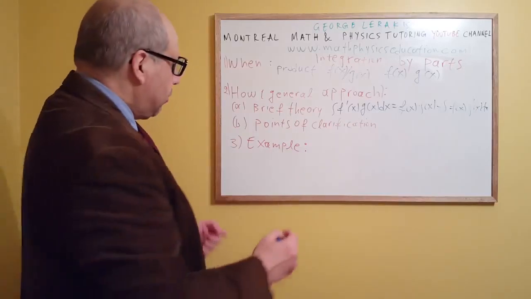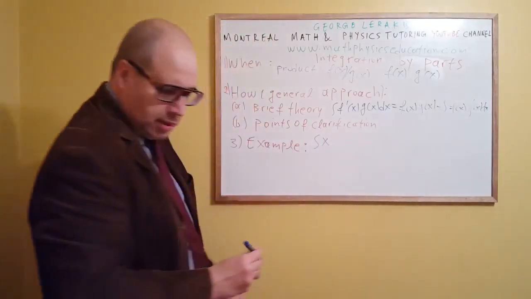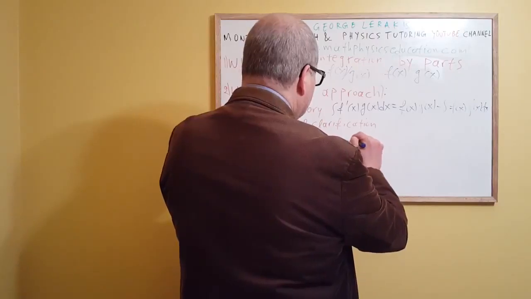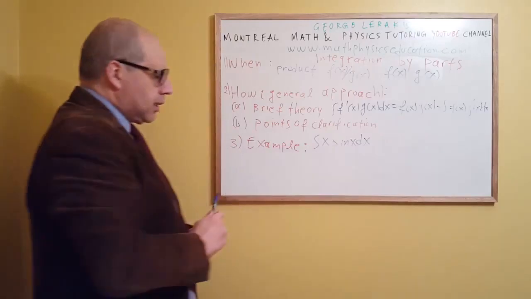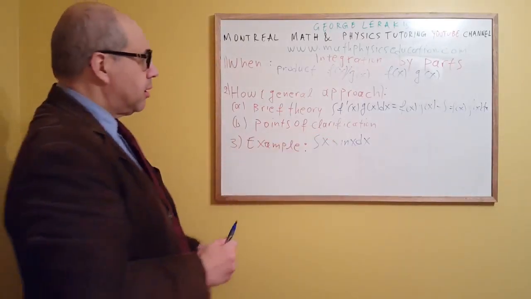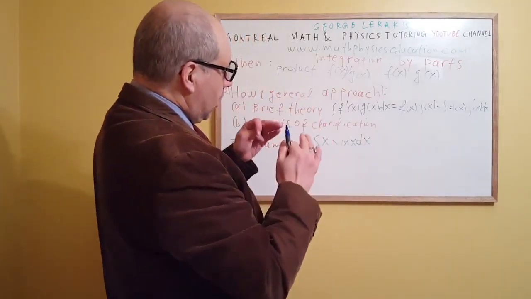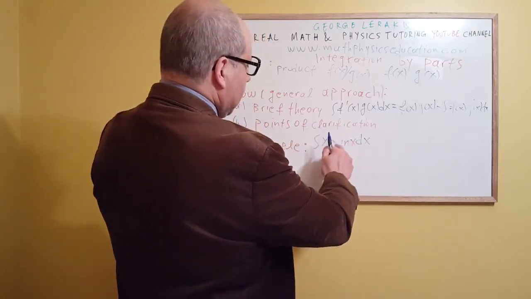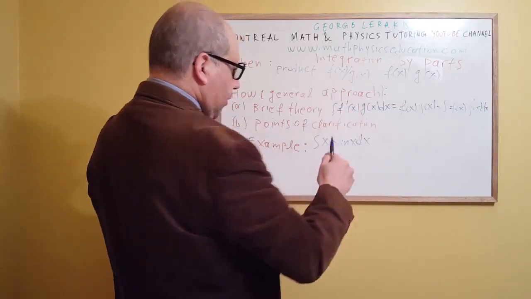Let's do a simple example. Let's say you want to find the integral of x sine x dx. You see that this is a product of two functions, the x and the sine of x. So now you can choose one of them to be the f prime of x and the other one to be the g of x.